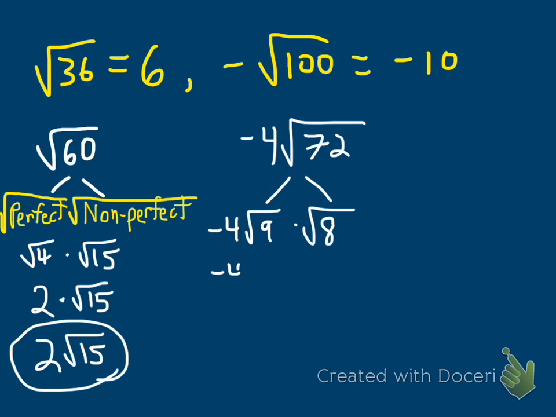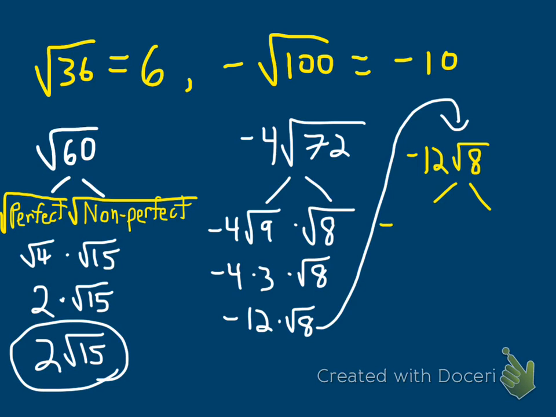Okay. The square root of 9 is 3. And I'm actually going to multiply that by negative 4 because that negative 4 was in the original problem. So this is going to give me negative 12 times the square root of 8. However, the square root of 8 is not simplified because 8 can be broken down into 4 times 2.